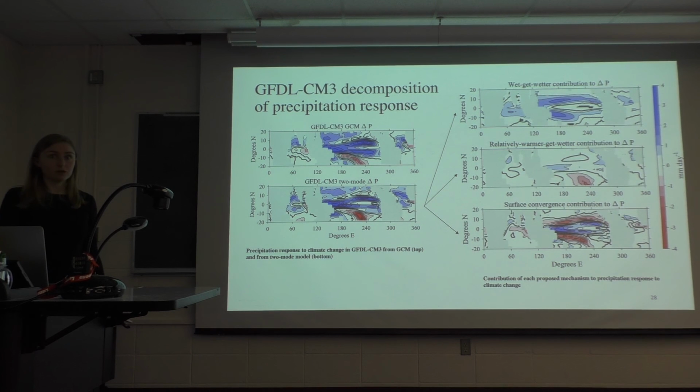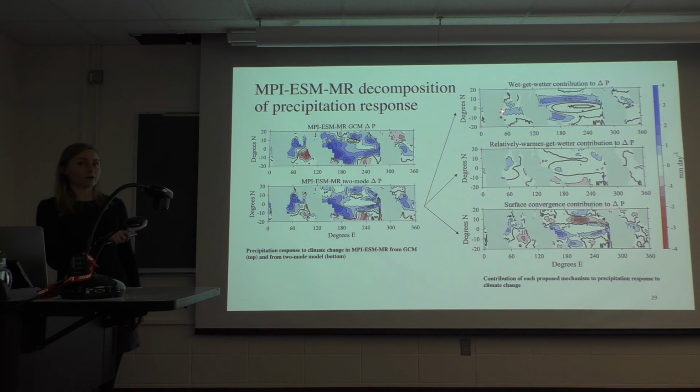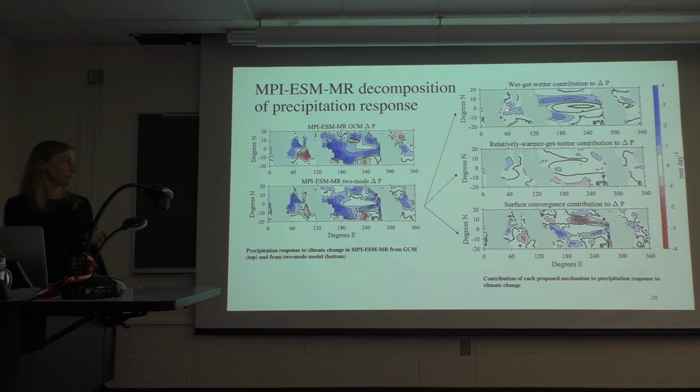Okay, so these are our mechanisms for one model, but remember we had another one with a totally different precipitation response. So how does that do? So here's that totally different precipitation response and the two-mode model estimate of it. And the wet get wetter contribution is, again, contributing positive anomalies where there's lots of climatological precipitation.